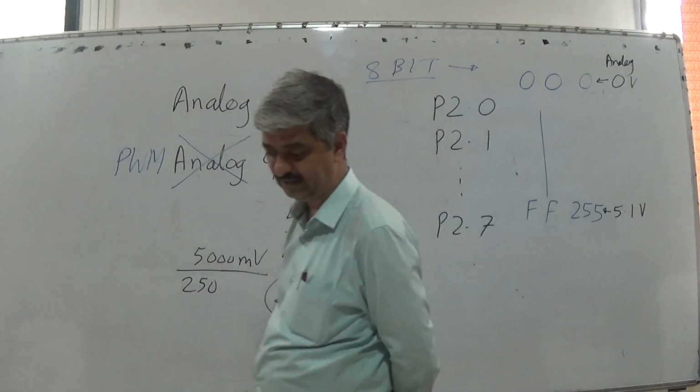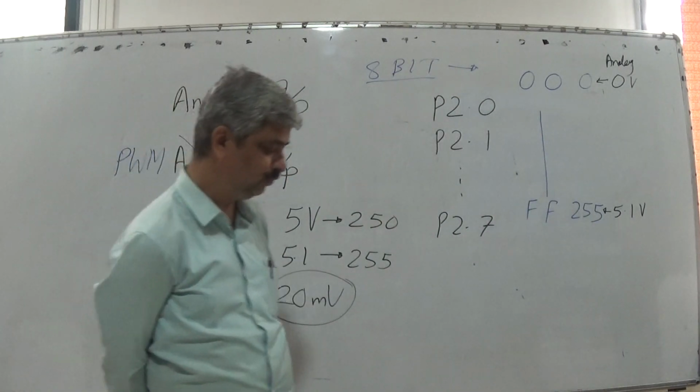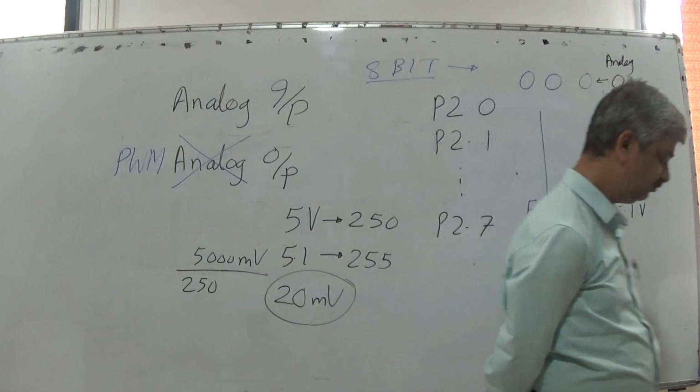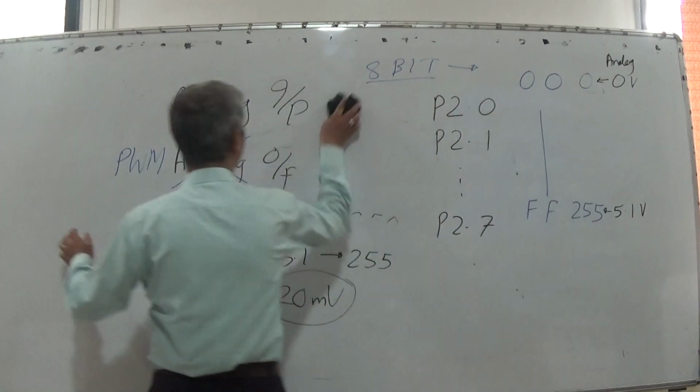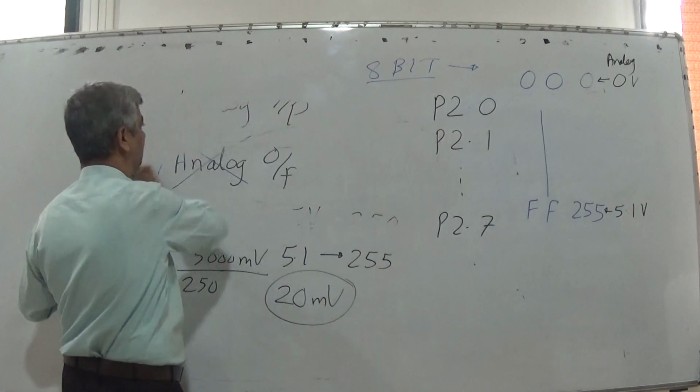So the actual voltage read using the ADC is found by multiplying it by 20. With this it is possible to read input voltage.